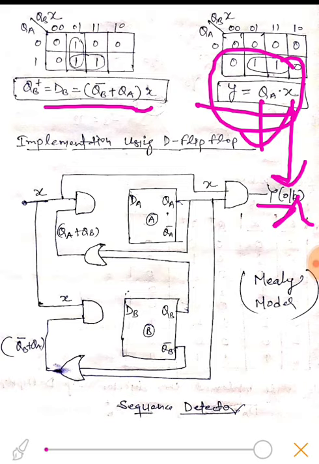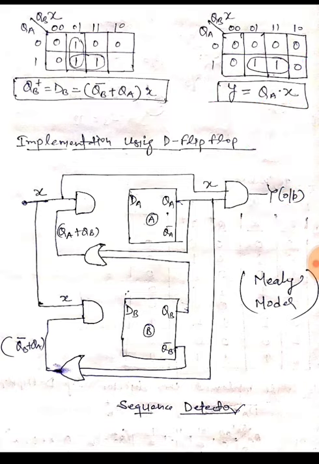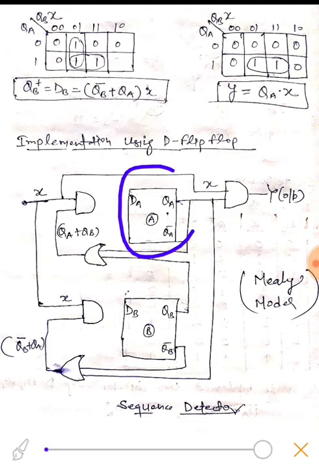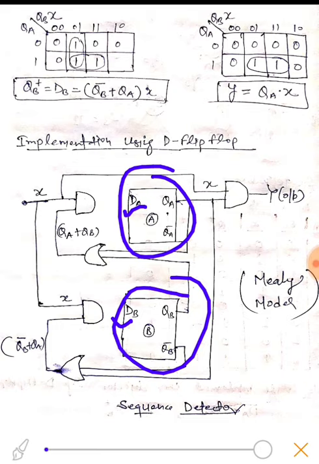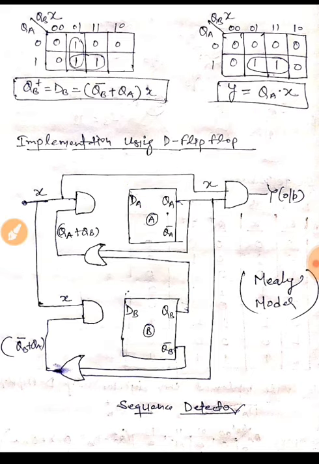So we now place two flip-flops. DA is the input of the first, DB is the input of the second, and we have already calculated the functions DA, DB and Y. I forgot to connect it. It will be like this.